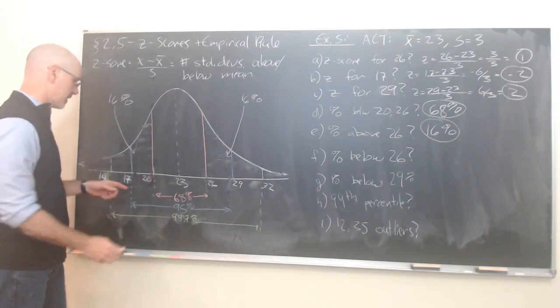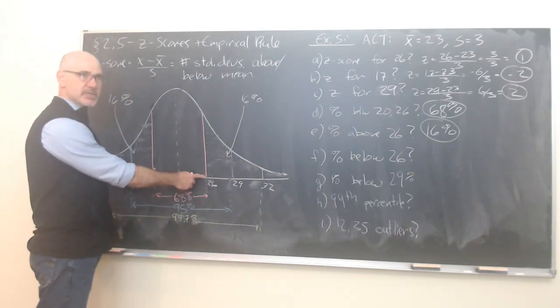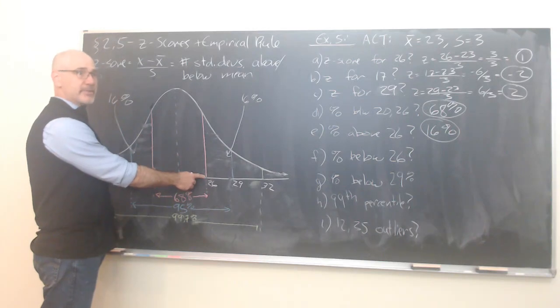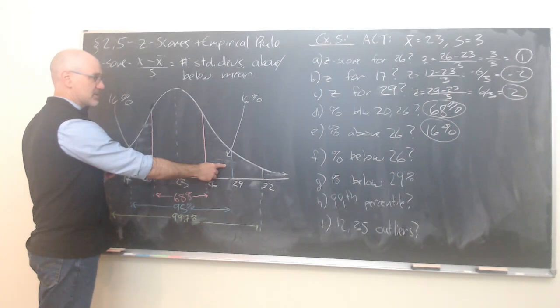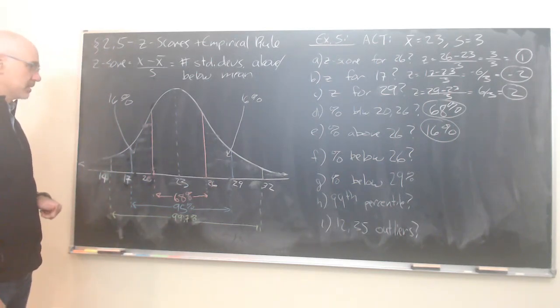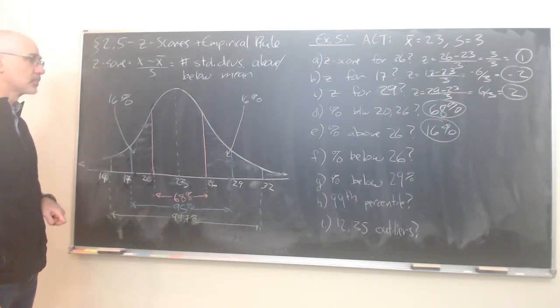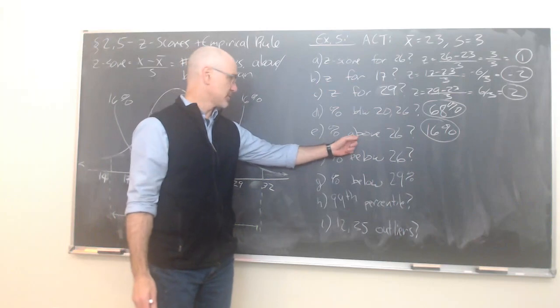So one more time, 68% is the middle area. There's 32% that's not in the middle. That 32% is equally split between left and right, so 16% each. Now what about below 26? Well, we can do this a couple of ways. The easiest way is to use what we just did, right?